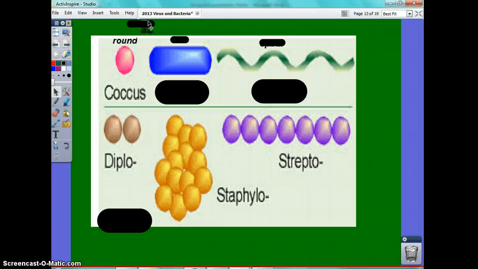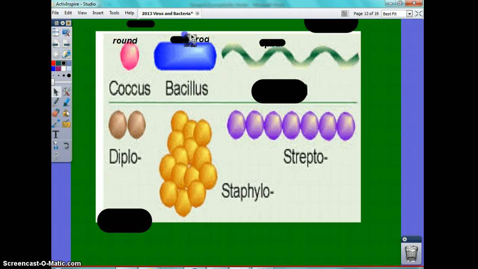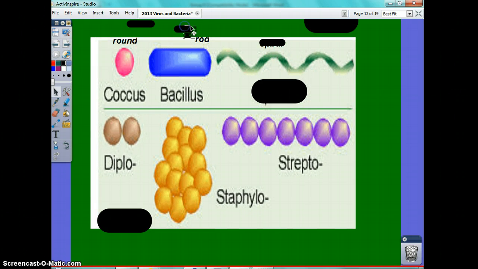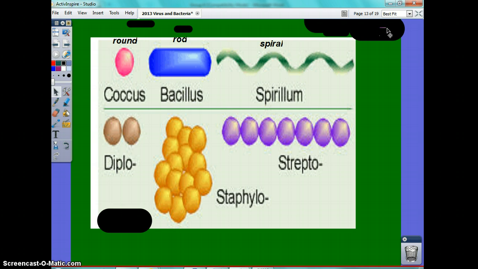What shape is it? Bacillus. It's rod-shaped. So rod-shaped bacteria is bacillus. And the last one is like a spiral, and it's spirillum. So the name of the bacteria, either in the root or the prefix or the suffix, will have some form of this name, and it describes the shape of the bacteria.